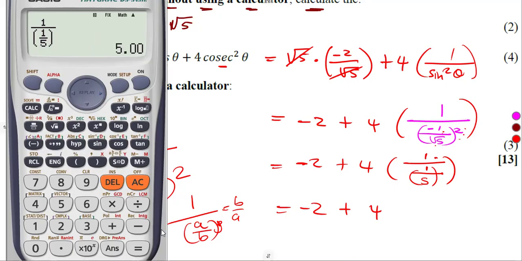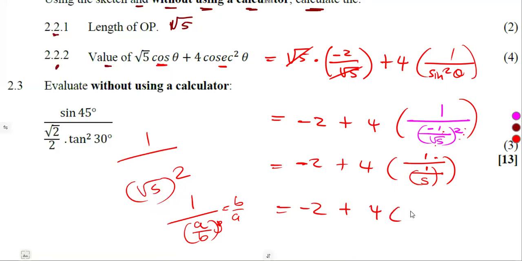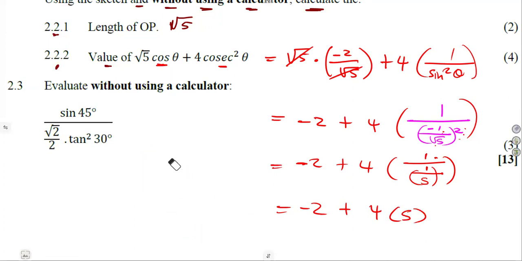It is going to give us a 5. All right, so that's 4 times what? 4 times 5. From this one, we can just simplify straightforward. That is 20 minus 2, which is 18 at the end. So that is how we're going to evaluate this one.